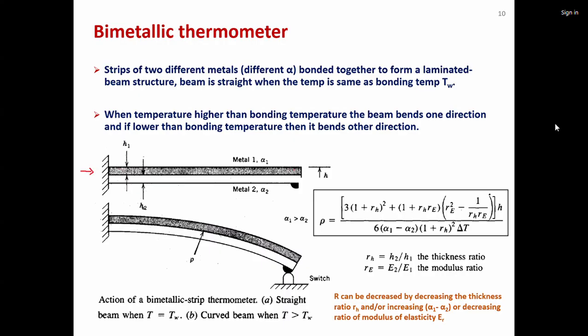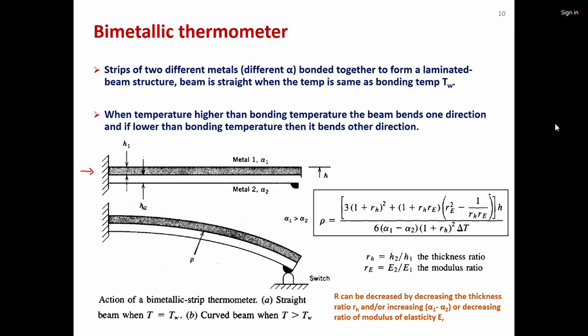So you have metal 1 having a thermal expansion coefficient of alpha 1, then you have metal 2, which has a thermal expansion coefficient of alpha 2. And you can have different thicknesses of these metals. So H1 is the thickness of metal 1 and H2 is the thickness of metal 2.